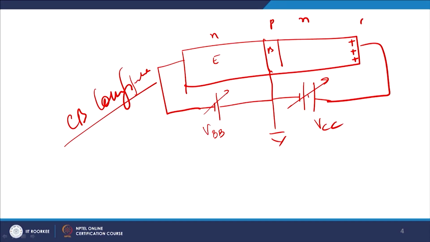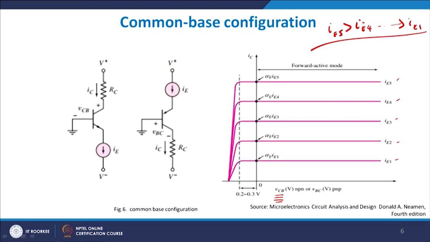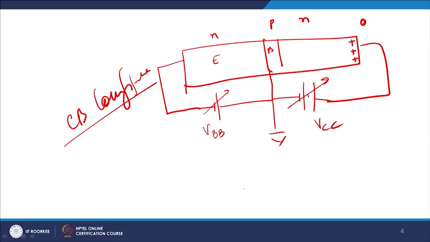When it is zero biased, you will see that you still have a large amount of current flowing through the device, and the reason is very simple. Even at zero bias you have applied such a large electric field because of VBB that electrons, which are predominantly my emitter current IE, pass through the base region very fast and reach the collector side.